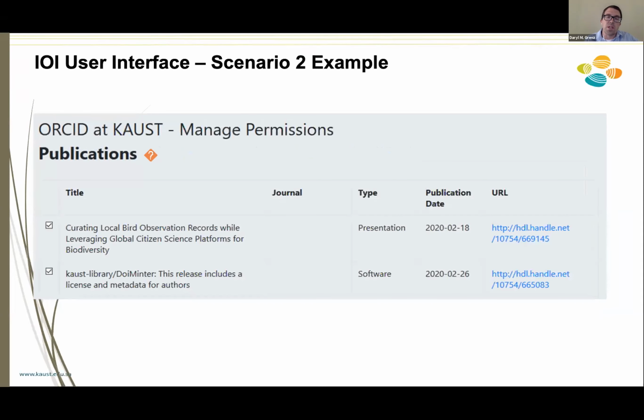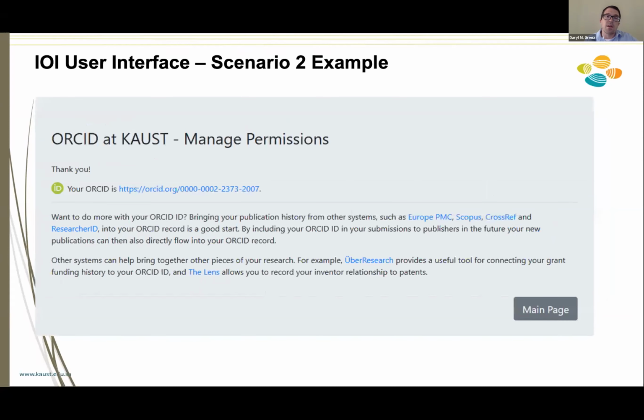Then what they're doing here is they're managing the relationship to the publications with their name that are in the repository. And you can select an item or unselect it if you don't want it connected to your ORCID ID, or if it's for someone with the same name as you.